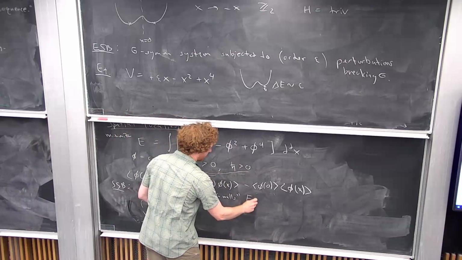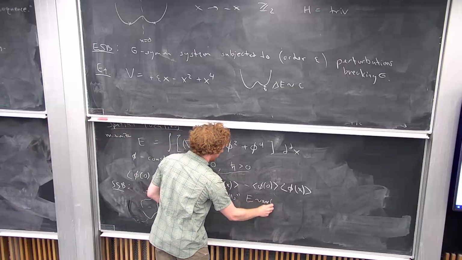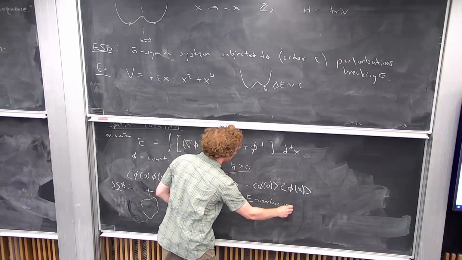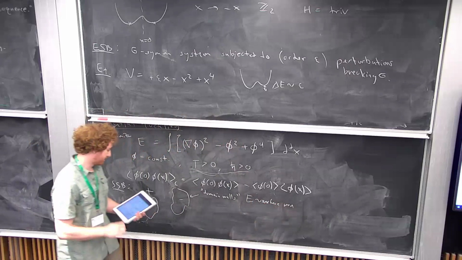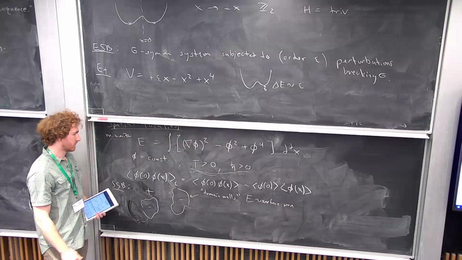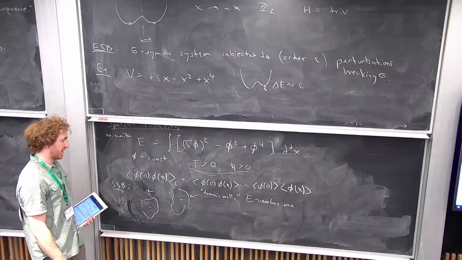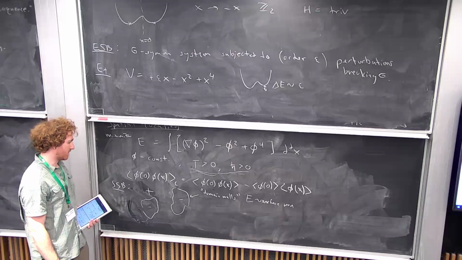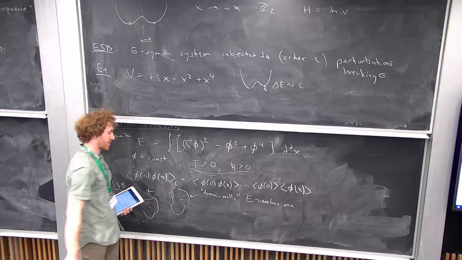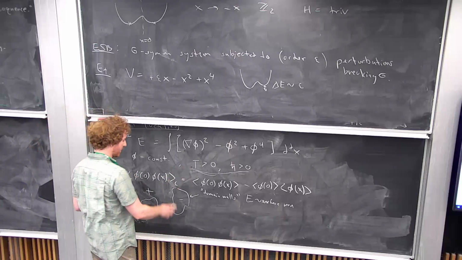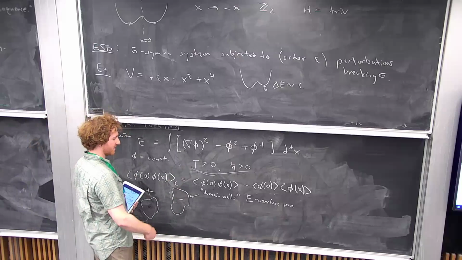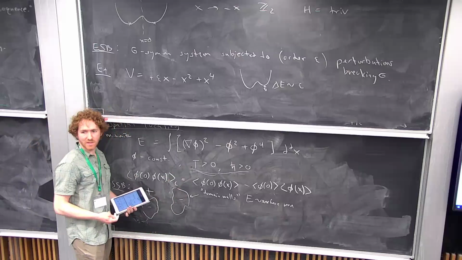And they have energy that's roughly equal to their surface area. So there's a competition between wanting to minimize the energy, not having any domain walls, and the entropic favorability of having these domain walls around.